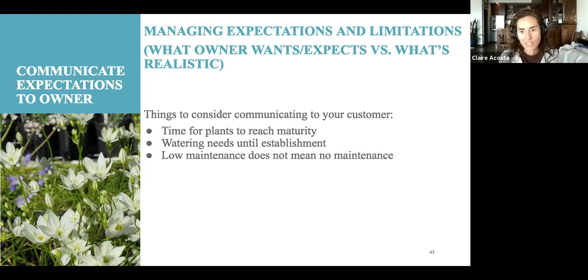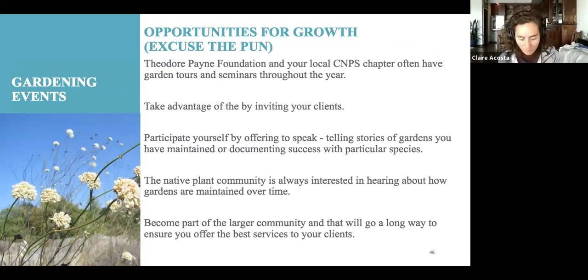Out in nature, things can grow on top of each other and be really thick and dense, and maybe that's not what you want in your front yard, or maybe it is. But either way, make sure they understand it's not a no maintenance garden, because some people think, oh great, it's native plants, I'll just install it and I'm done. It's low maintenance, not no maintenance. So definitely explain that to clients so they're not confused down the line.